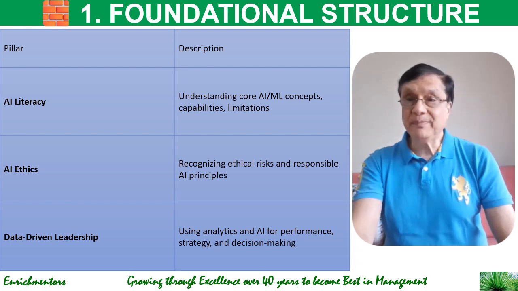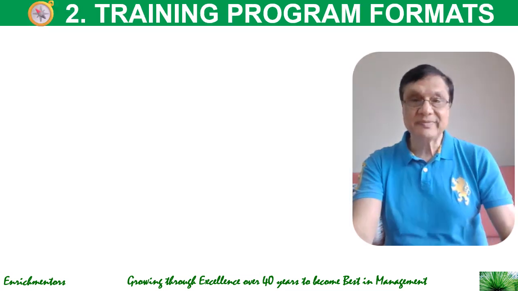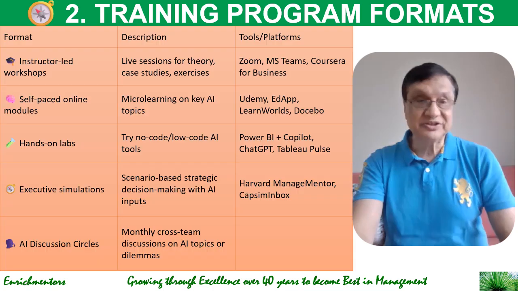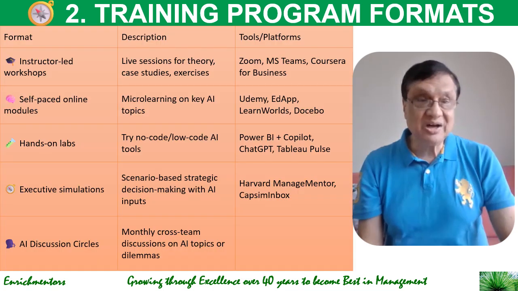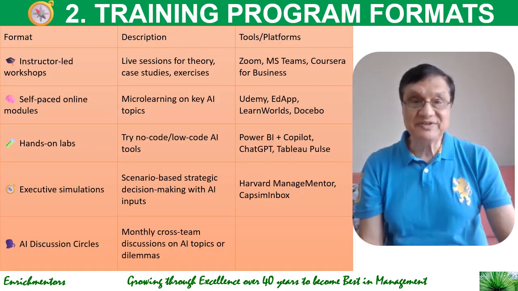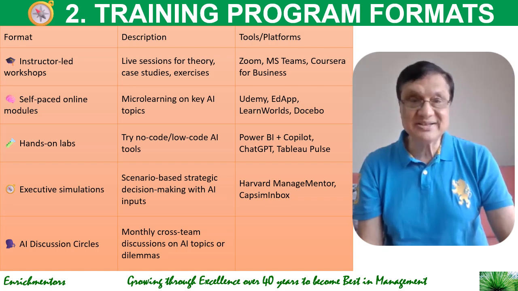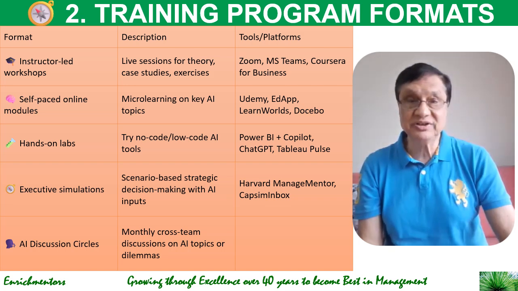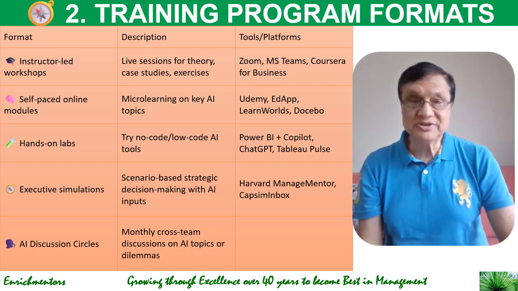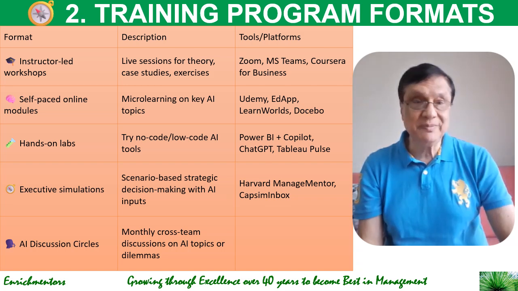So let's take a look at the training program formats. Now, what are the training program formats? You could use an instructor-led workshop where you have live sessions for theory, case studies, and exercises. For this, the tools and platforms are like Zoom, MS Teams, Coursera for Business.